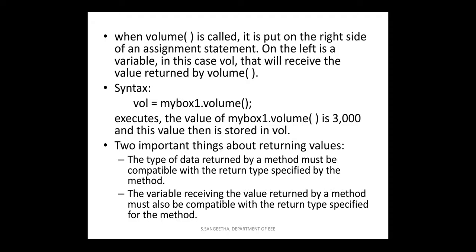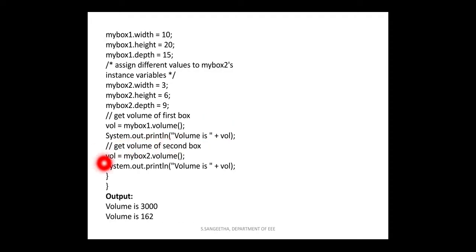So when volume is called, it is put on the right side of an assignment statement. On the left is a variable, in this case vol, that will receive the value returned by volume. So the syntax is vol = mybox1.volume. So here the return value, vol is equal to mybox1.volume and mybox2.volume.